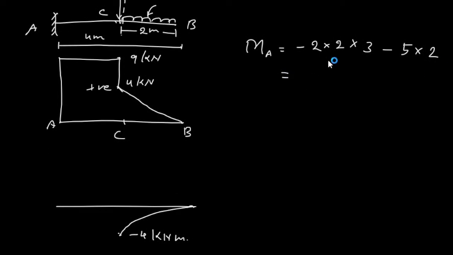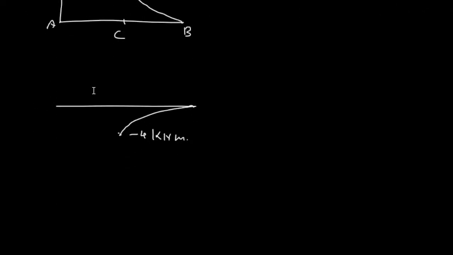So moment at A we get 2 times 2, 4, times 3 is 12, so -12 minus 5 times 2, 10, that is -22 kilonewton meter. Here it will be somewhere here, and this part I will join by a straight line, because there is no UDL. Its value is -22 kilonewton meter.